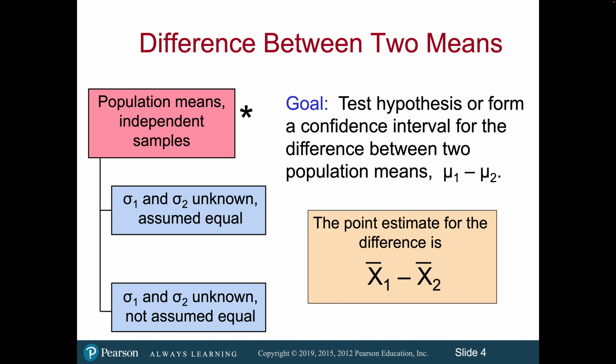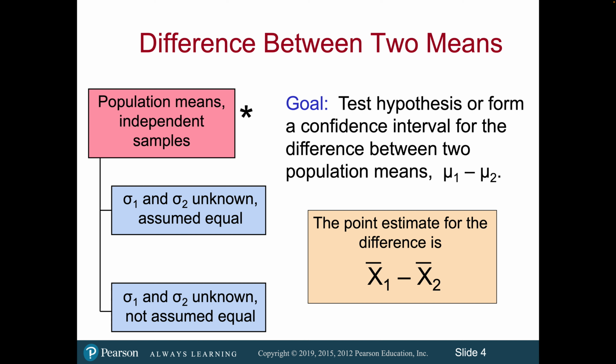We have the notation mu1 equal mu2. Again, the goal is to test a hypothesis or form a confidence interval for the difference between 2 population means. For the scenario I've set up here, mu1 would be the mean ACT score for school district A, and mu2 would be the mean ACT score for school district B.